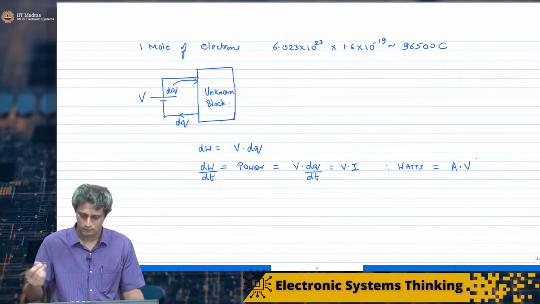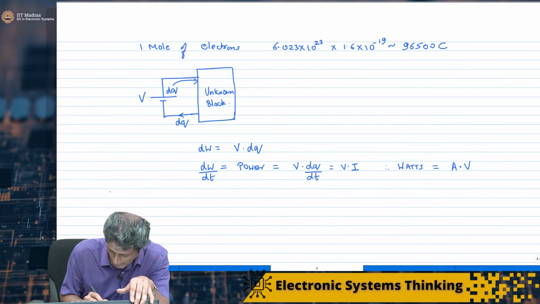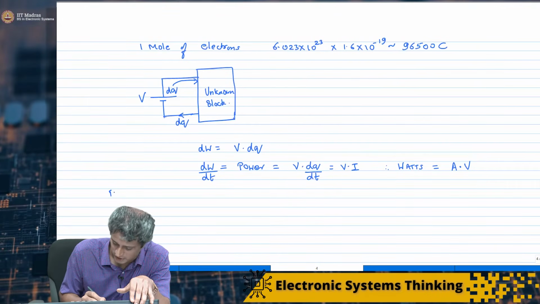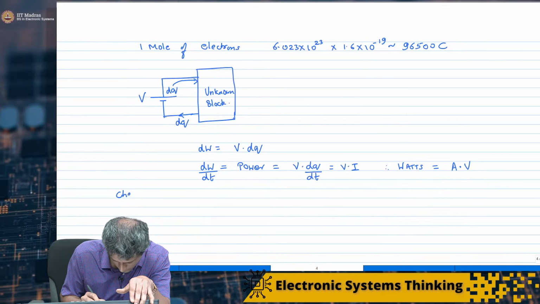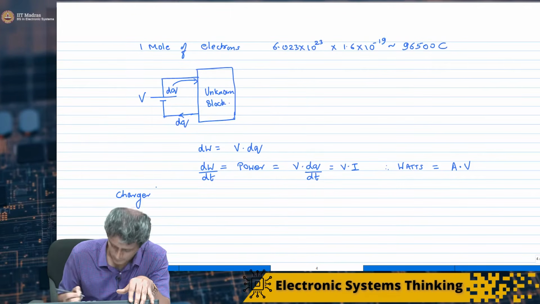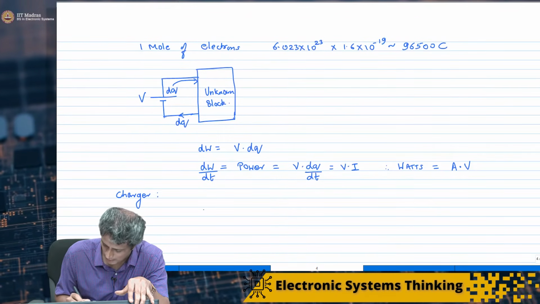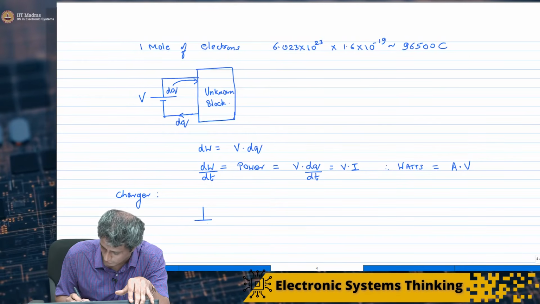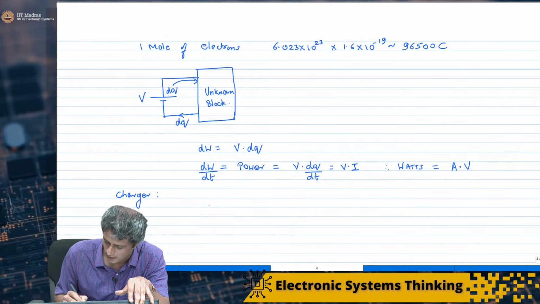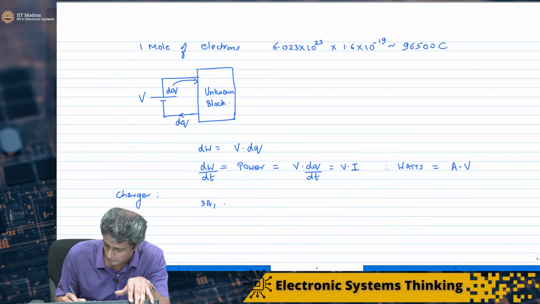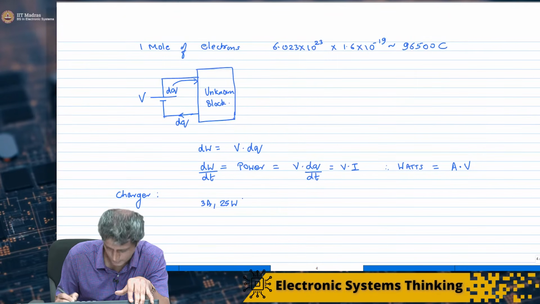So just going back to our battery charger, we said that this charger could provide 3 amps of current with 25 watts.